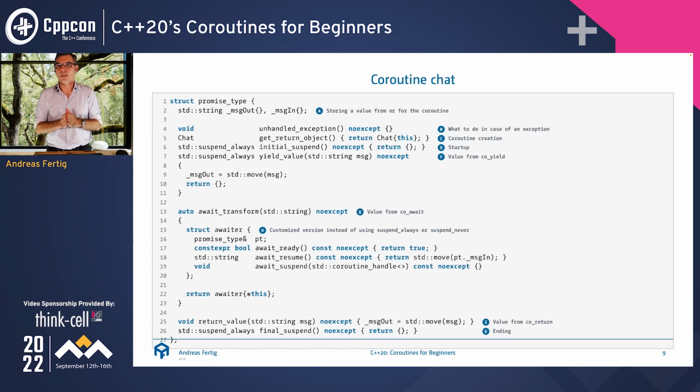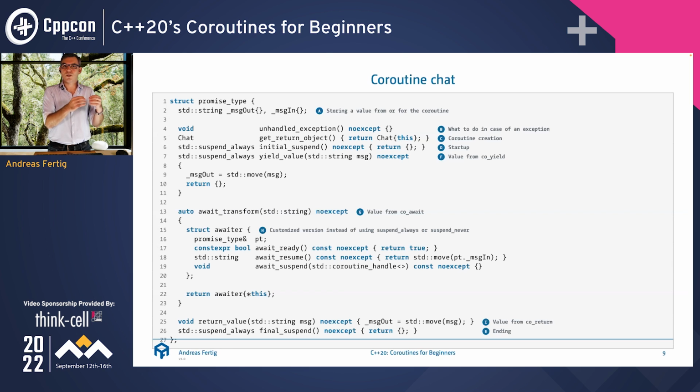In my case, you can see this here in line 5. We are, of course, constructing a chat object and passing a this pointer to it. Right? We will see the wrapper type chat on the next slide. And then we have two more customization points, initial suspend and yield value. And here we can decide what our coroutine initially should do. So once it gets set up, it runs until initial suspend.